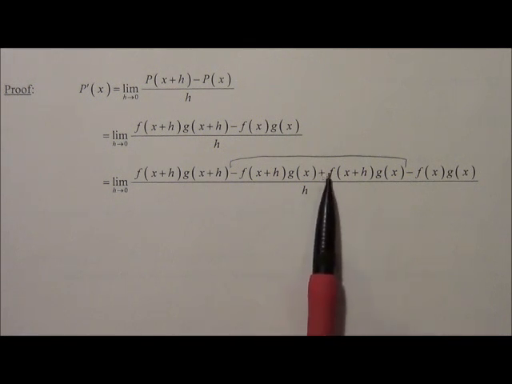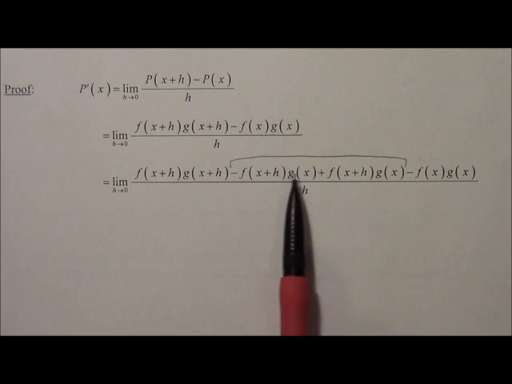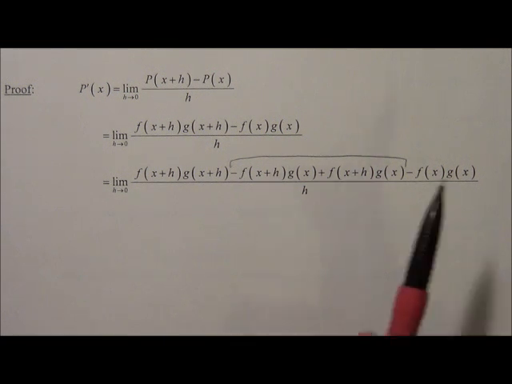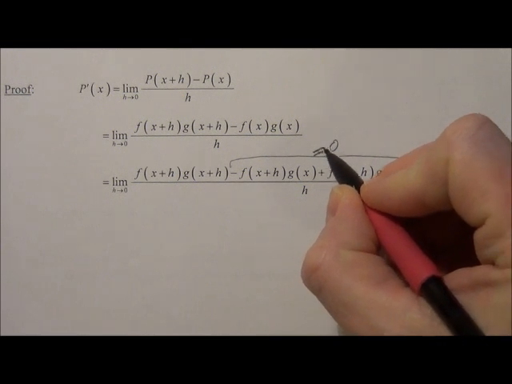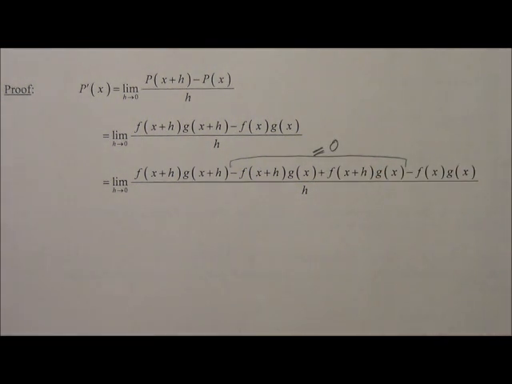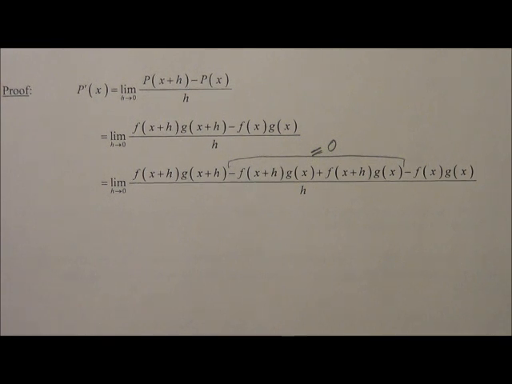So we've got the sum and the difference of the same term, so we're actually just adding 0 into this whole fray, and that's quite convenient. We can do that no problem, because we can add 0 to whatever we want and we're not changing anything. So now this will allow us to do a little bit of factoring and simplify down to what we need.